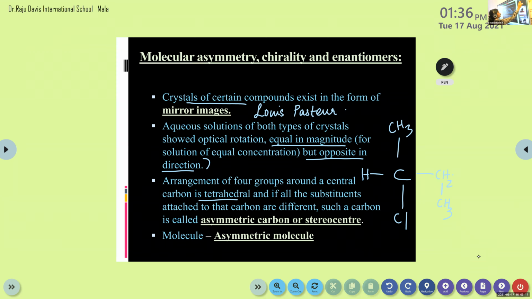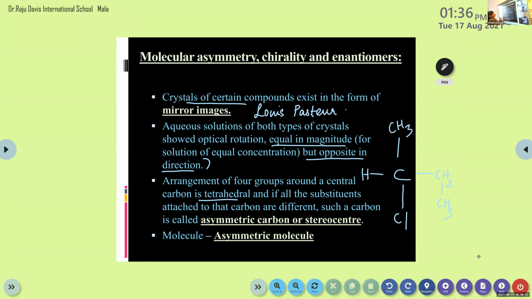Then according to the suggestion of Louis Pasteur, he concluded that these similarities, that means the crystals of certain compounds existing in the form of mirror images, are due to the asymmetric carbon or stereocenter present there.